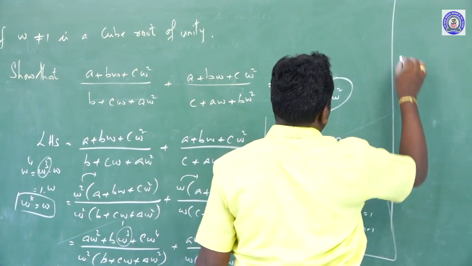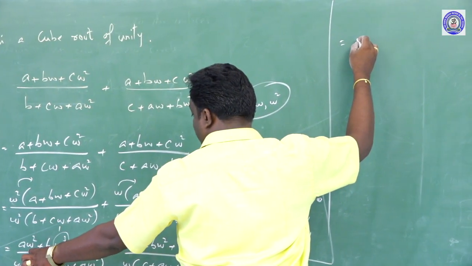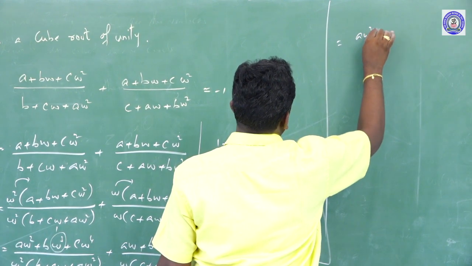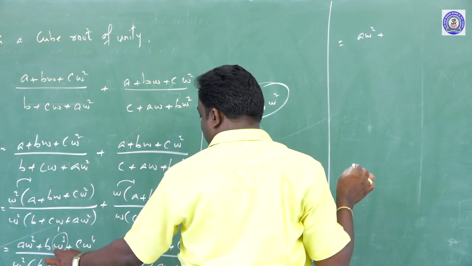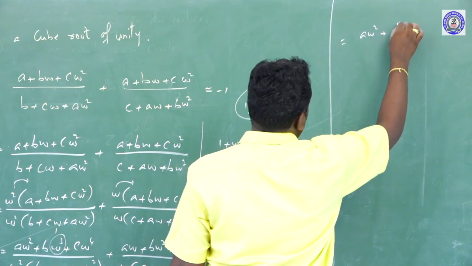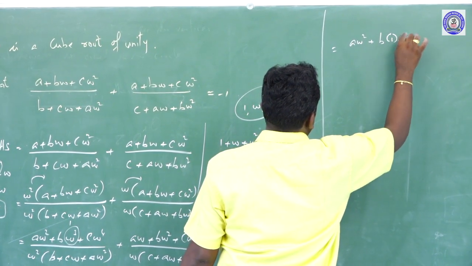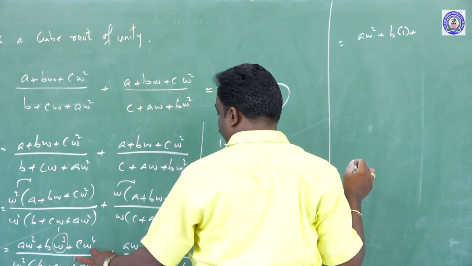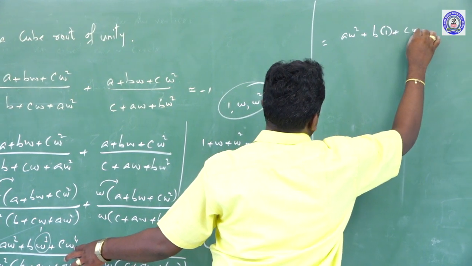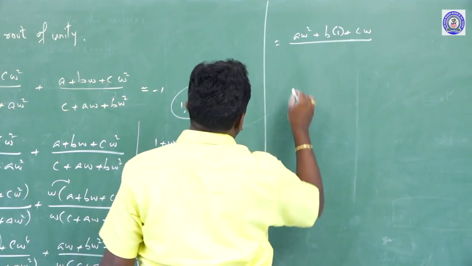Now what is the simplification? Aω² as it is, plus b into ω³, which equals 1, therefore b into 1, and plus c into ω⁴, which equals ω, c into ω, by the denominator ω²(B + Cω + Aω²) as it is.